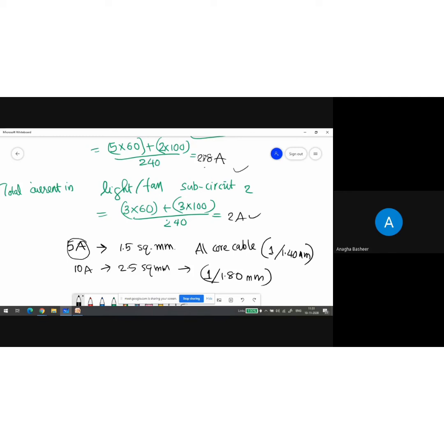So which cable you will select for subcircuit 1? 5 ampere rating you can use. The wire used for the subcircuit should be 1 by 1.40 mm aluminum core cable for the subcircuit 1 and 2.